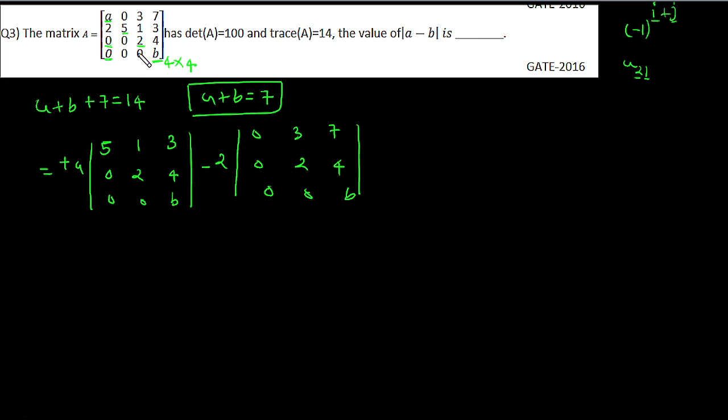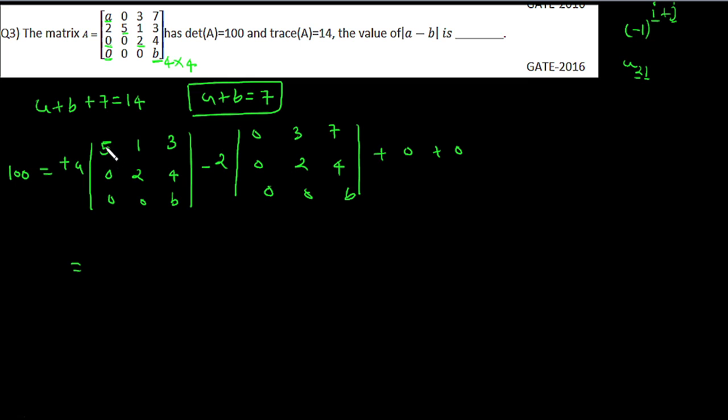Now we don't need to write the other minors for these 0 and 0, because they are not contributing to the determinant; since these entries are 0, we simply get 0 from them. And the determinant we are given is 100. So let's find the determinant of this 3 cross 3 and this 3 cross 3.